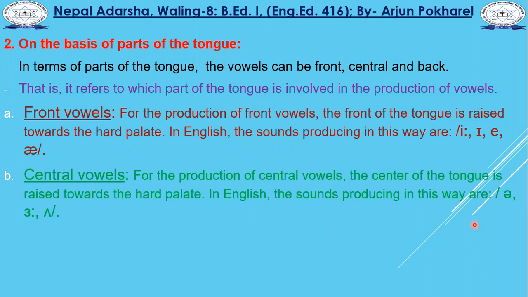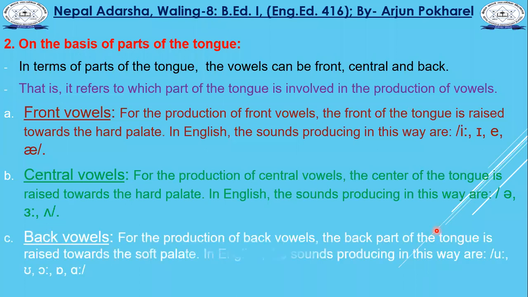This is the shortest R, this is the longest R, and this is the short R. These three R's come under central vowels, because the center of the tongue is involved. The center of the tongue is raised towards the hard palate in the production of central vowels.